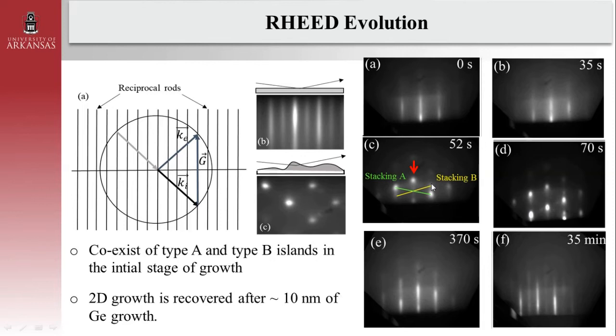So basically, this is what we call stacking A and stacking B. The observed superposition of these two spotty patterns is attributed to the coexistence of type A and type B in the grown epilayers.